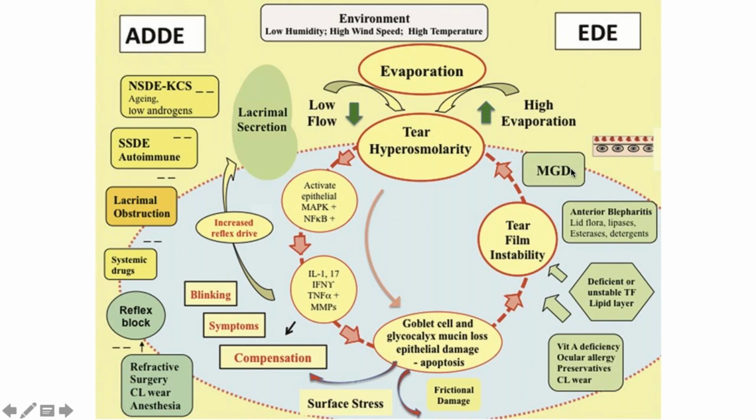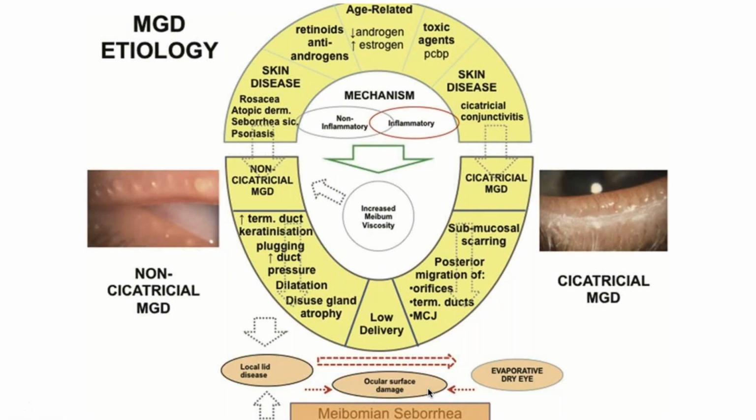This could also be from evaporative causes, meibomian gland dysfunction, blepharitis, again contact lens wear, allergies, allergy to preservatives, vitamin A deficiency, all in turn leading to a low flow, making changes to the tear film osmolarity, and eventually leading to all the symptoms of dry eye.